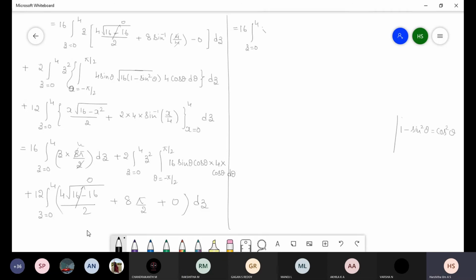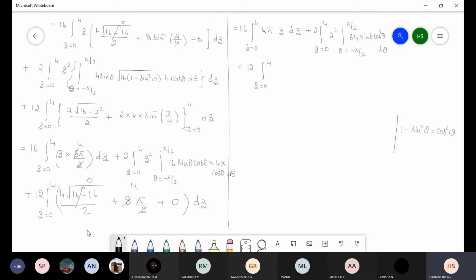So 4 pi into z into dz plus 2 into z, limit varies from 0 to 4, z square, theta is equal to minus pi by 2 to pi by 2. 16 fours are 64 sine theta into cos square theta into d theta plus 12 into z is equal to 0 to 4.